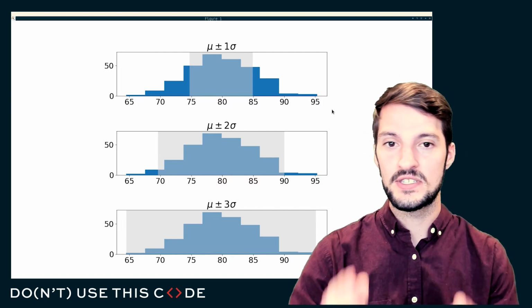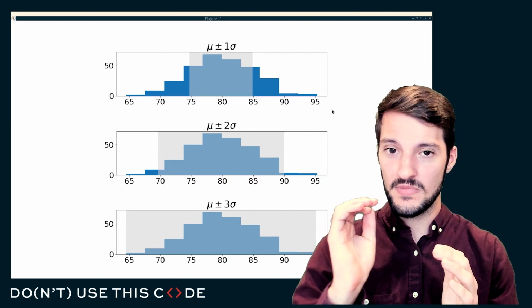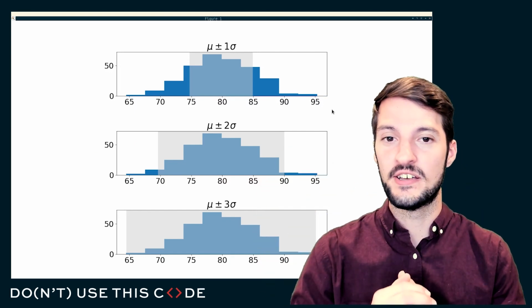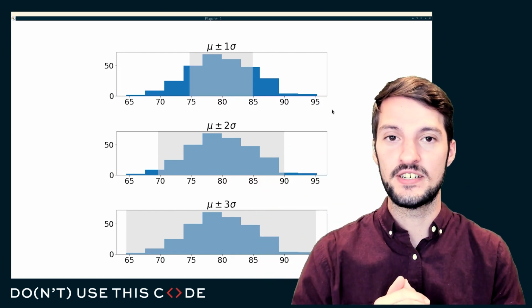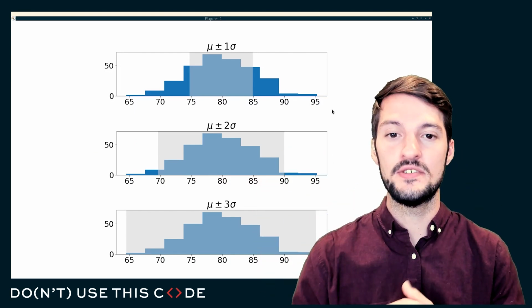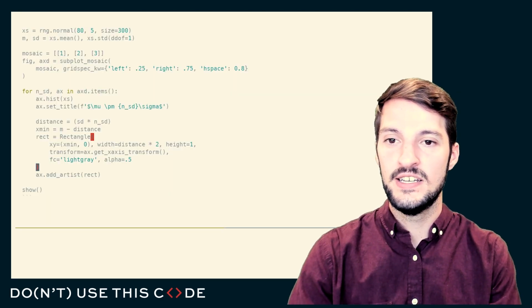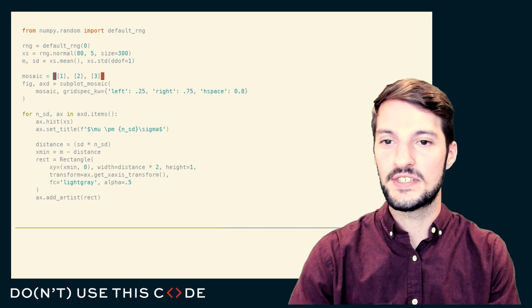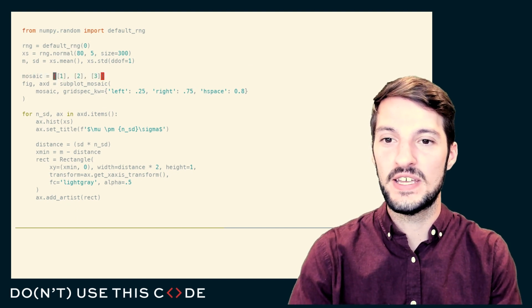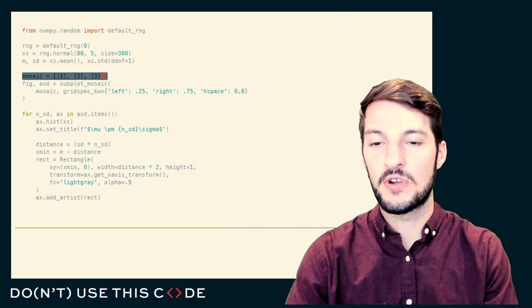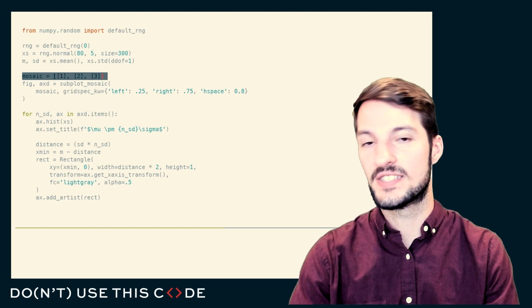So when I plot this, you'll see that I'm highlighting, of my histogram of data, the mean plus or minus 1 standard deviation in the top plot, plus or minus 2 standard deviations, plus or minus 3 standard deviations in the middle and bottom plot. You can see here that I'm again using this fantastic mosaic interface to map, right, how many standard deviations I want to highlight.